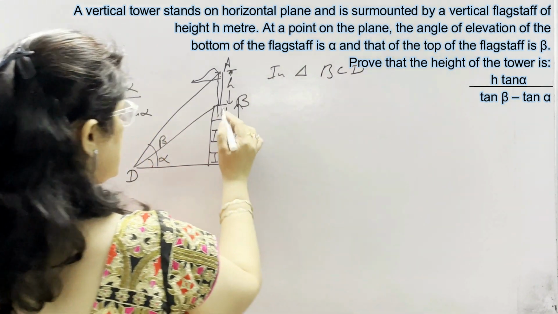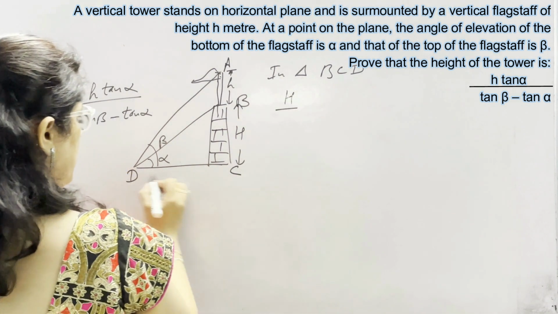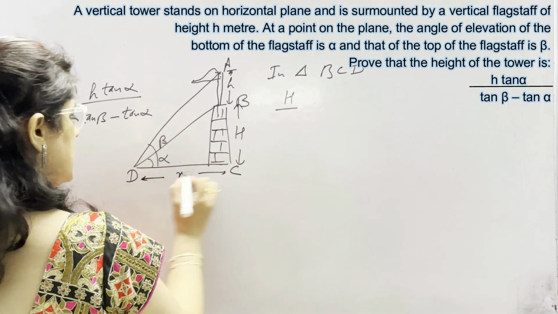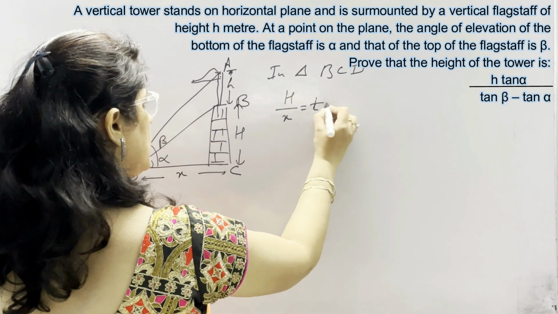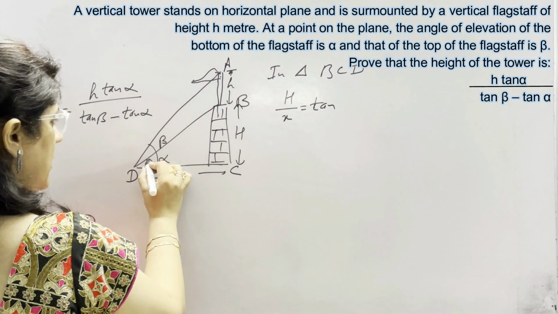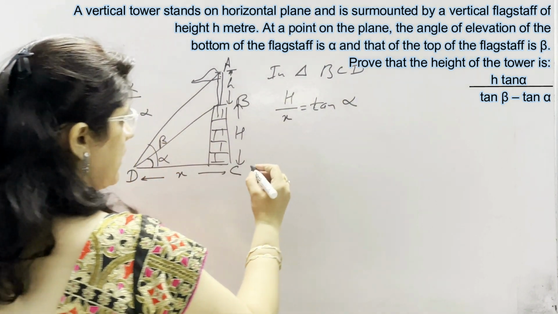In triangle BCD, this is our perpendicular, which means H. The base is the same in these two cases, we can take it as X. So H upon X is equal to tan alpha.